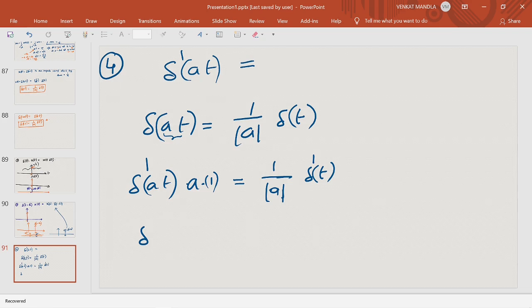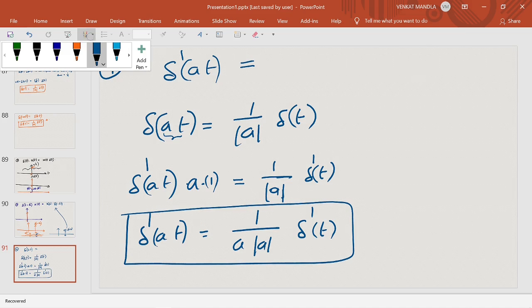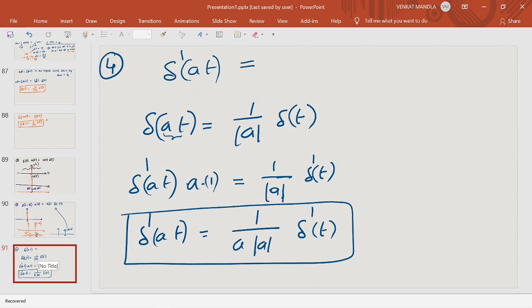We are differentiating both sides. Del dash of at equal to 1 by a into mod a del dash of t. Important, this is 1 by a into mod a into del dash of t.